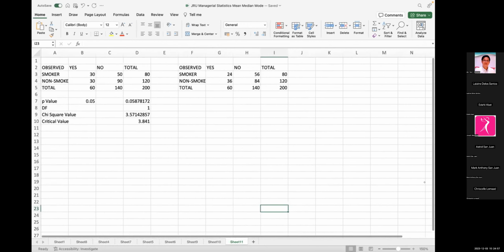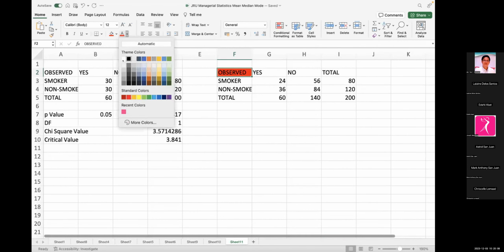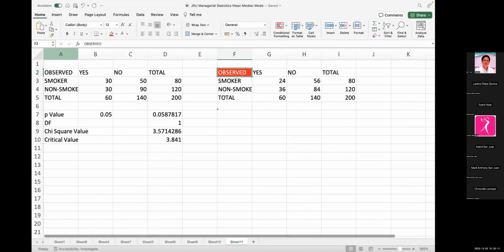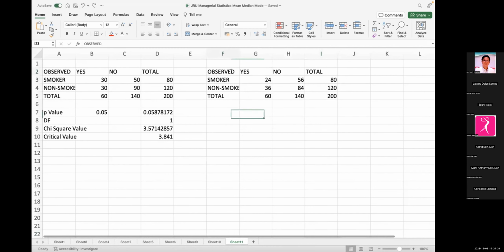Do you see my cursor? No. Anyway, on the right, that one. Maybe you can fill this contingency table so we can see. Why observed? Yeah, that should be expected. Expected, yes, Doc. Just teasing, Doc Tim.